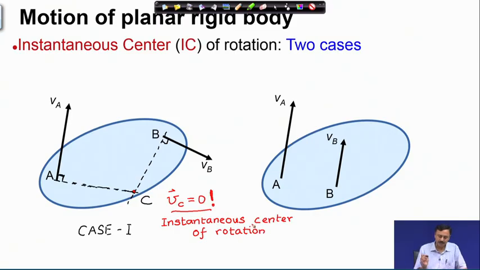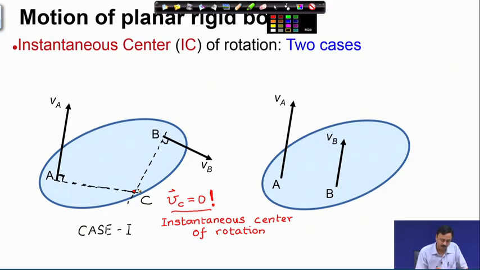This is the instantaneous center of rotation. So, the idea is that at this instant with this velocity distribution, that means velocity of point A given by V a and velocity of point B given by V b, and hence since these two velocities are specified, velocity of any other point is actually specified.